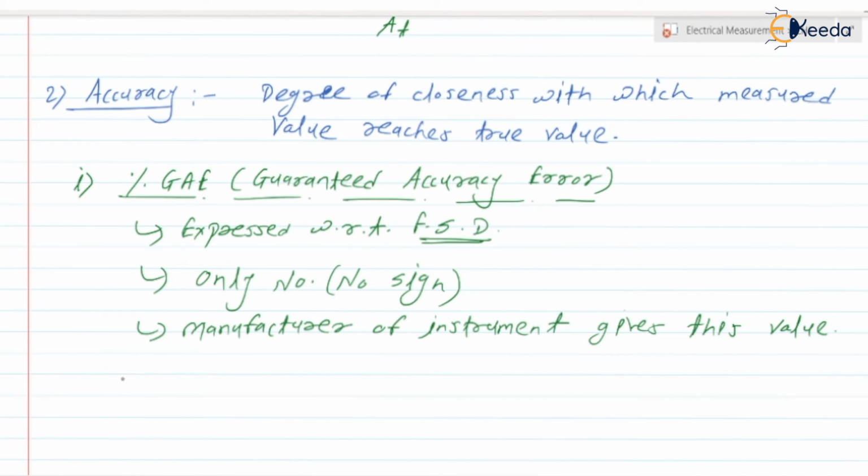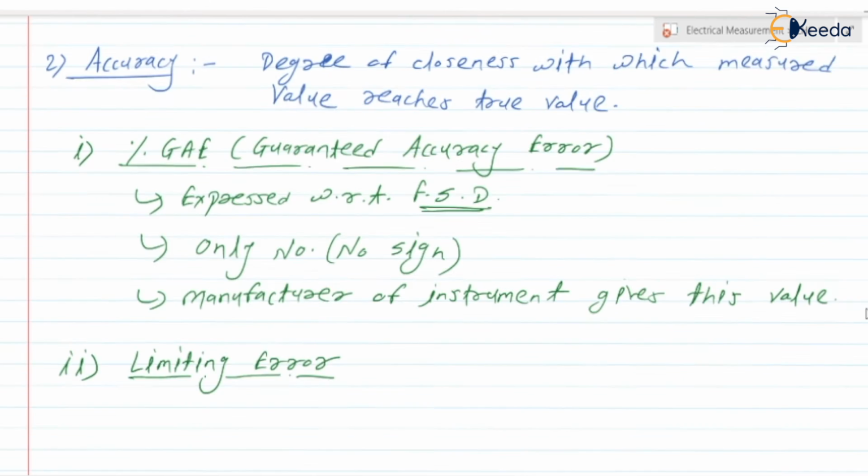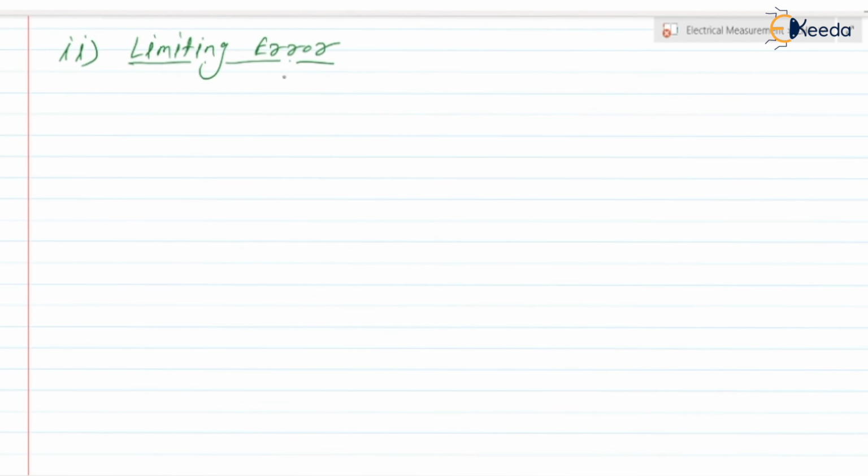Next, the second one is the limiting error. Accuracy can be represented in terms of limiting error, or it is also known as a guaranteed error. Let us memorize it as a limiting error only, because they have asked questions related to the limiting error. We are going to discuss the questions in the next video.